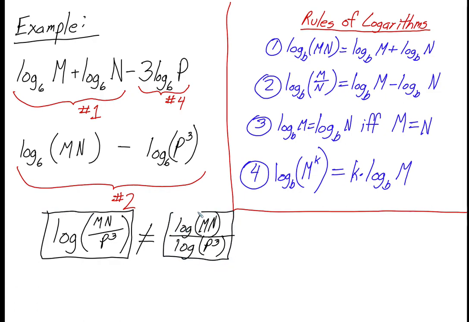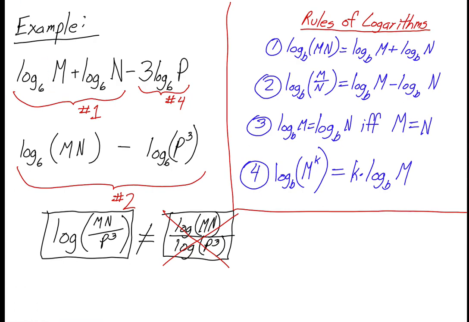This is really no good. So be careful when you apply the rules, especially rule number 2. That's the one that I usually see the mistake happen on, where we try and turn it into two separate logarithms in a fraction. It's one logarithm, and the fraction is what is inside that logarithm.